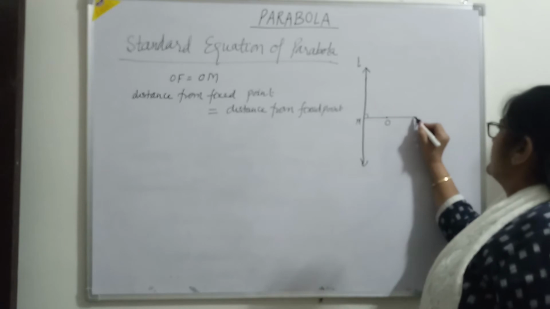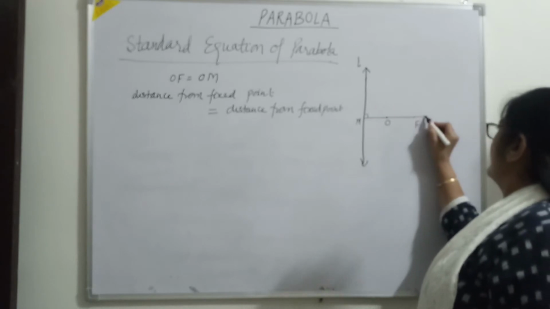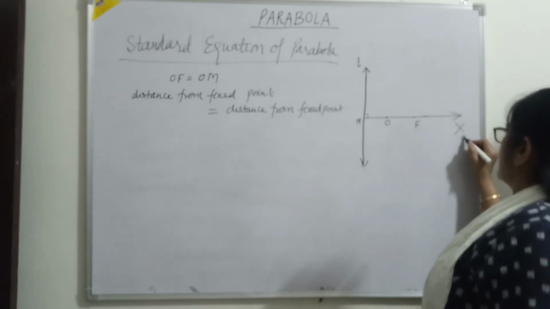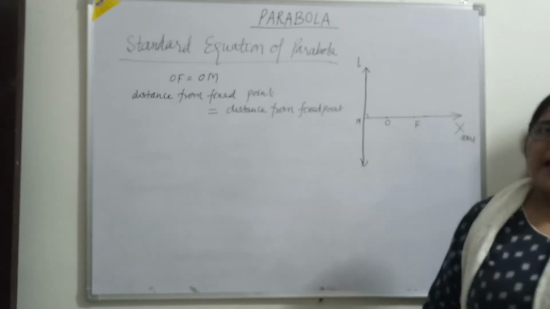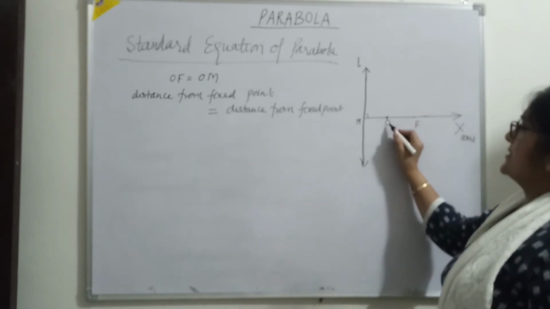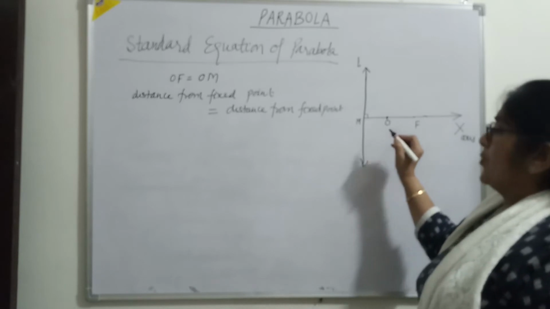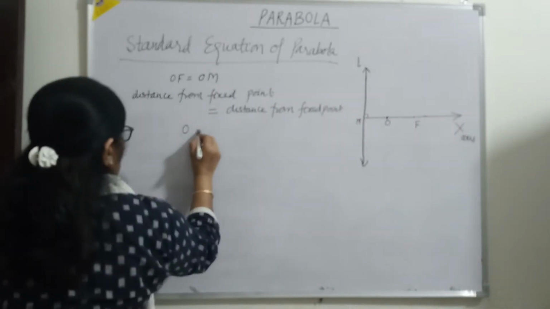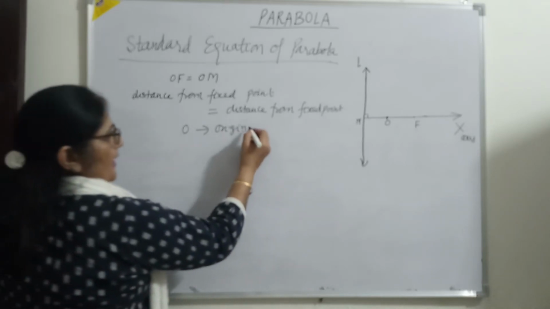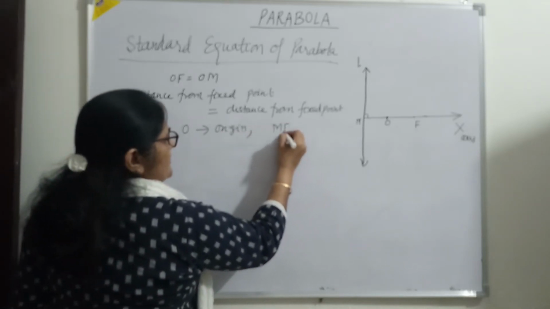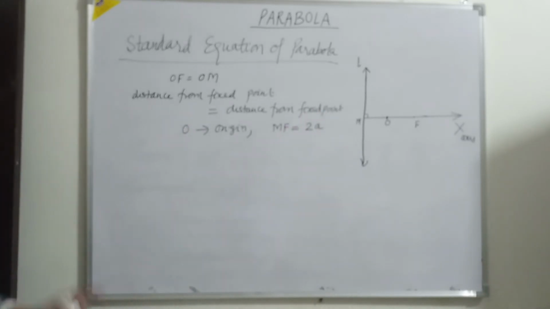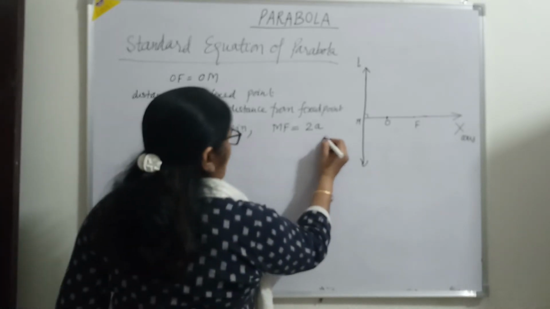Now produce OF. This is the x-axis, and suppose this midpoint O is the origin. The distance MF is 2a, where a is greater than 0.